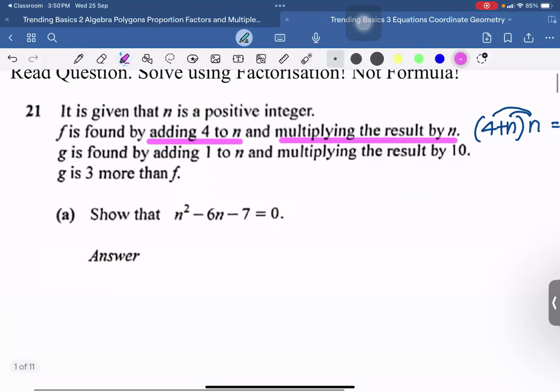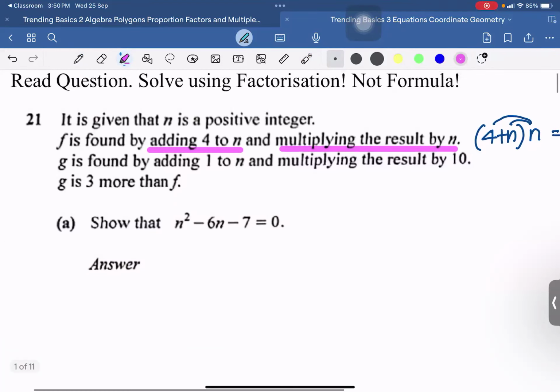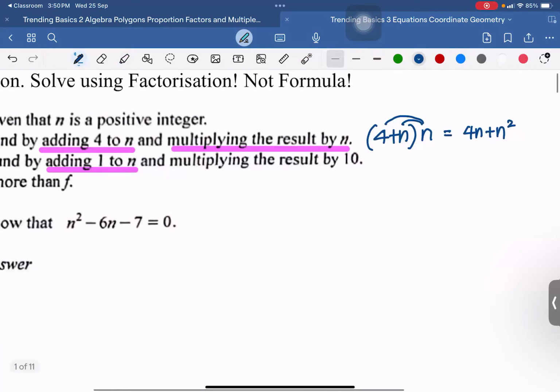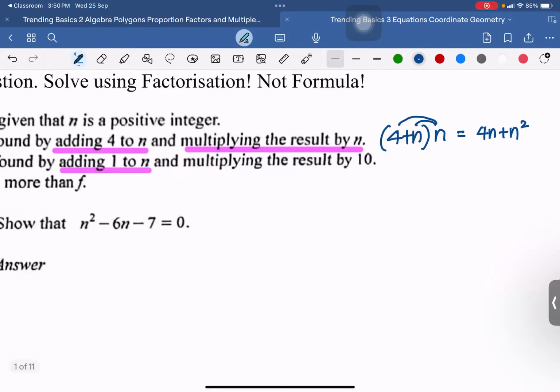Second statement, G is found by adding 1 to n. Tell me, what is adding 1 to n? Zuliana, can you help me? 1 plus n.